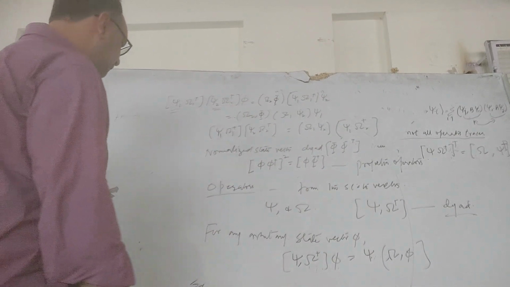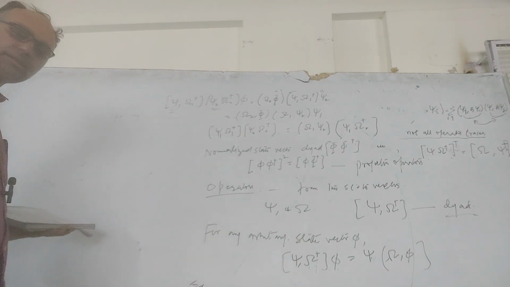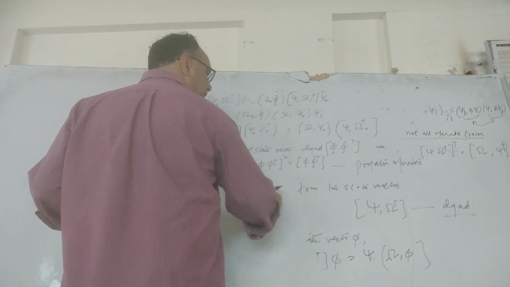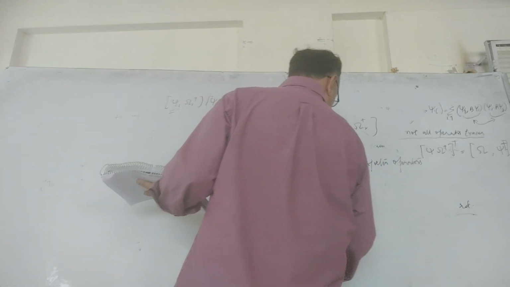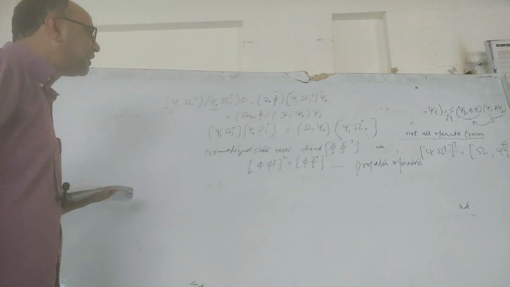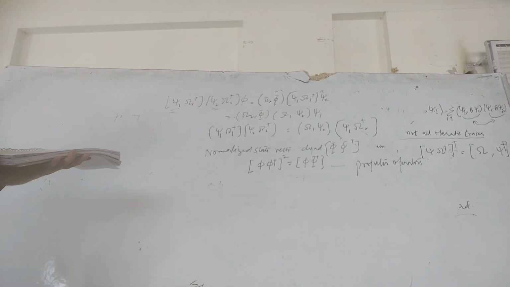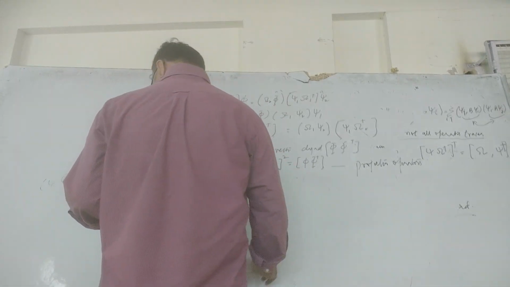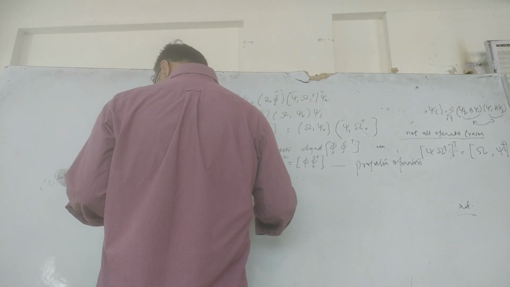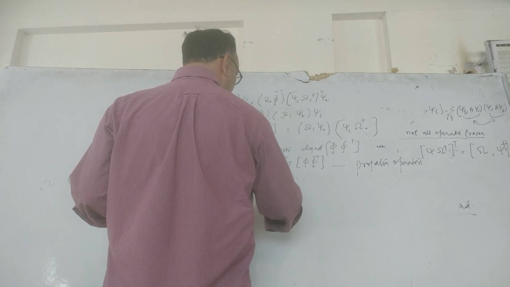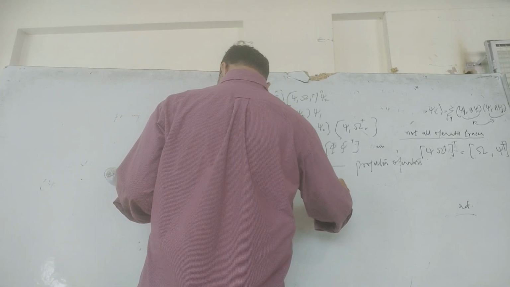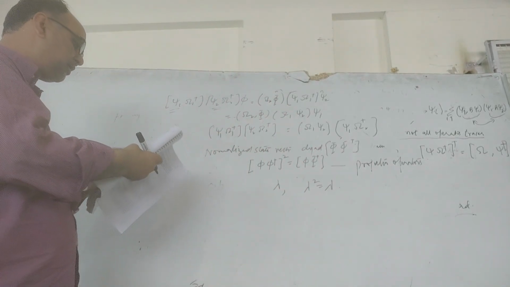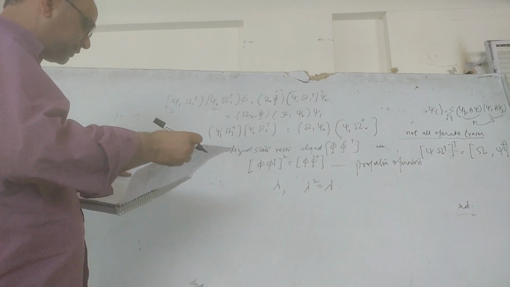And you can say the eigenvalues of the projection operators follow from the idempotent property. If the eigenvalues are represented by lambda, then lambda square is equal to lambda, so lambda is either 1 or 0.